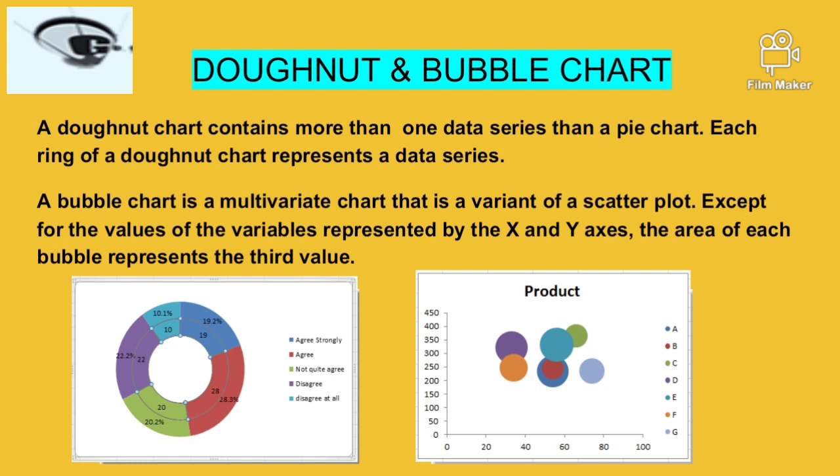In contrast to a pie chart, we have the donut chart. If we want to see multiple categories in a circular shaped chart, we can use a donut chart. A donut chart contains more than one data series, and in the shape of a ring, the rings get increased as the categories are increased.